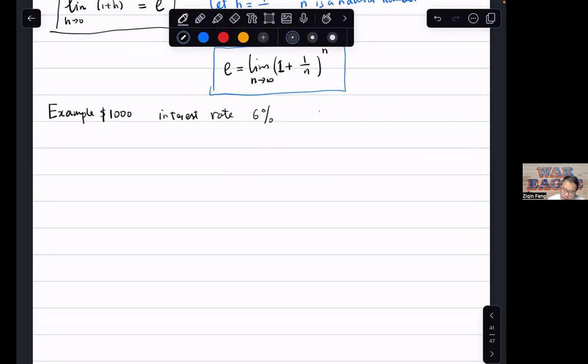Right? Let's say 3 years. We want to put it in for 3 years. So denote A of t to be the amount after t years.